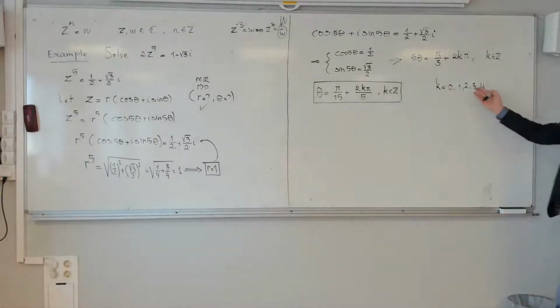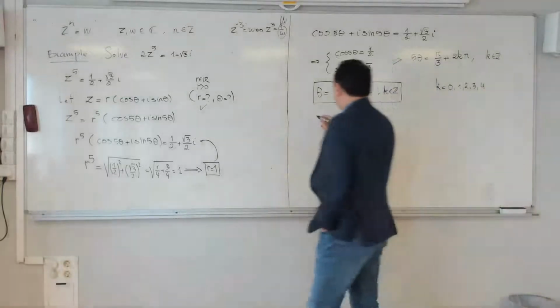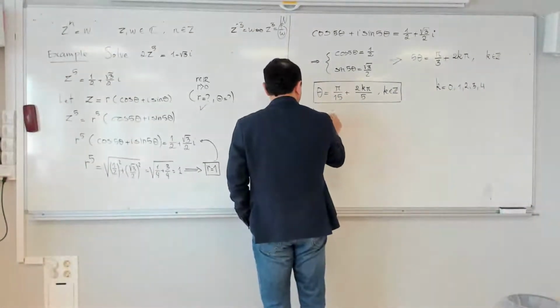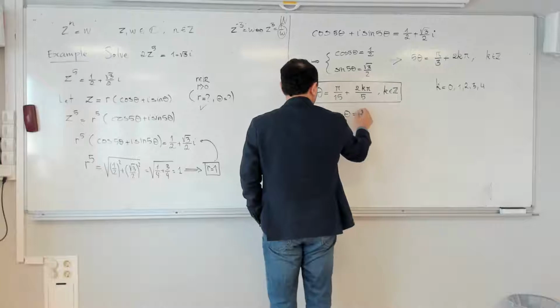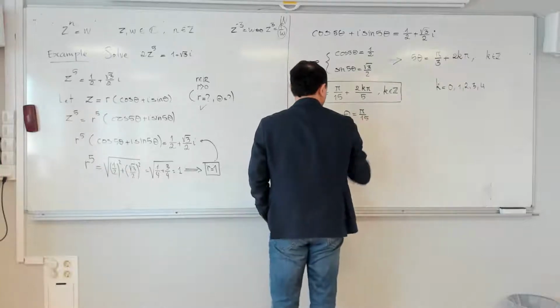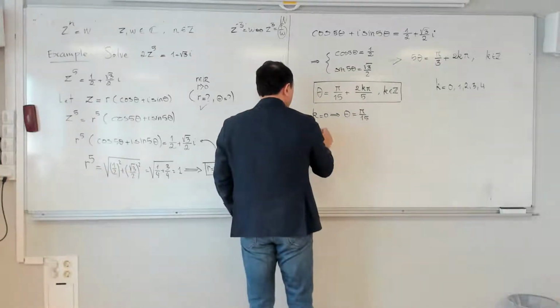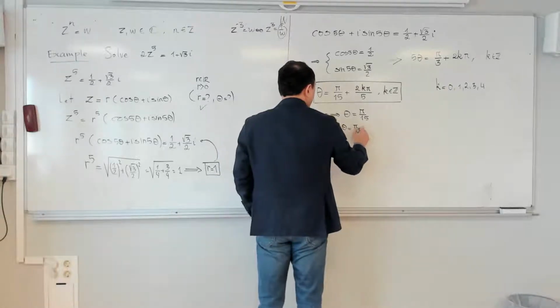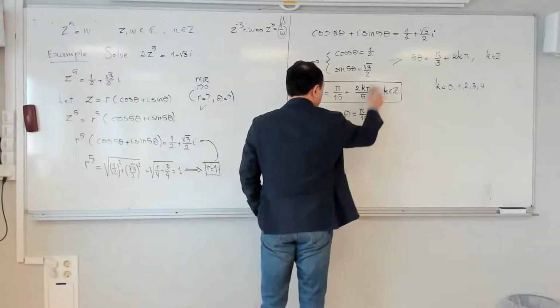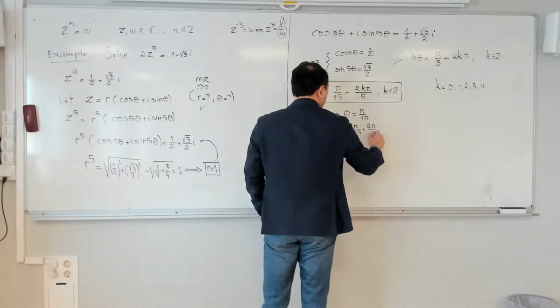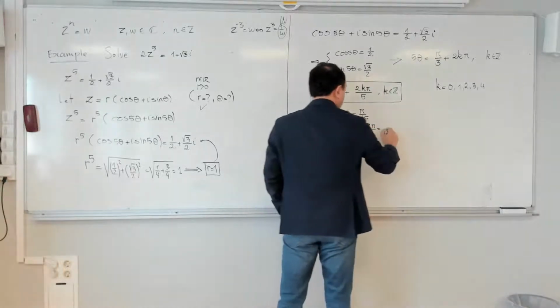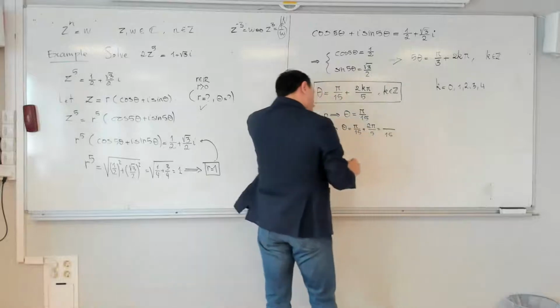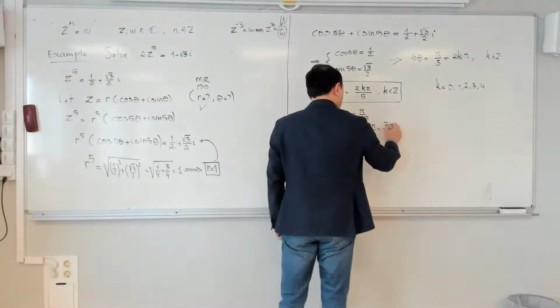And the reason is that, for example, if I put k equals 0, what I get is theta equal to pi over 15. And then if I put k equals 1, I get theta equal to pi over 15 plus 2 pi over 5. If I take the common denominator here, 7 pi over 15.